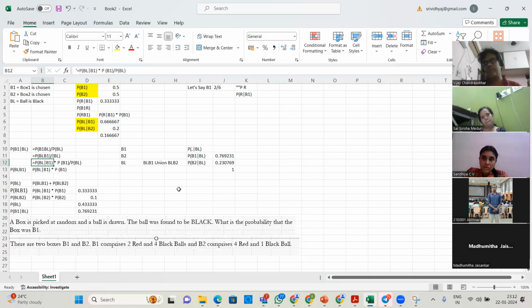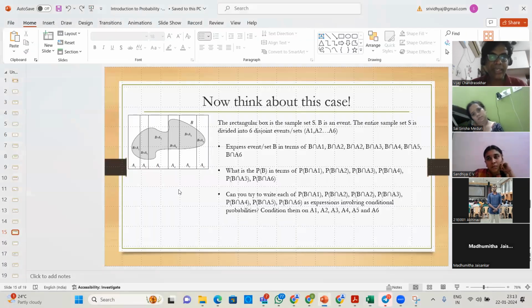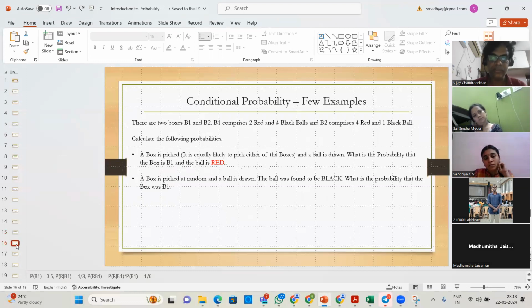What Bayes' theorem allows us to do is flip it: given that you've chosen a black ball, what is the probability that the box was B1 or the box was B2? Now, it might sound very trivial. What's the big deal? But there are tremendous amount of applications when you dig deep into Bayes' theorem. Any questions so far?